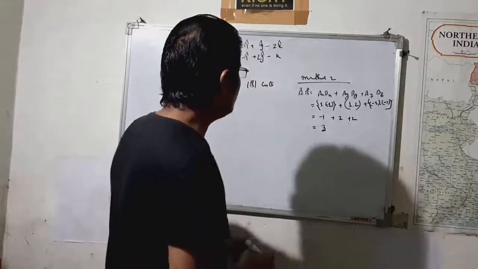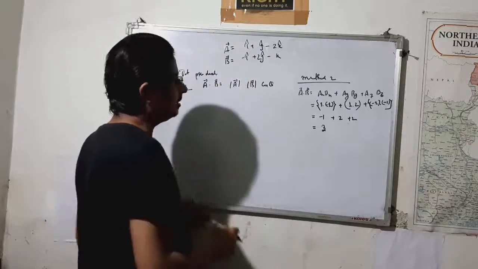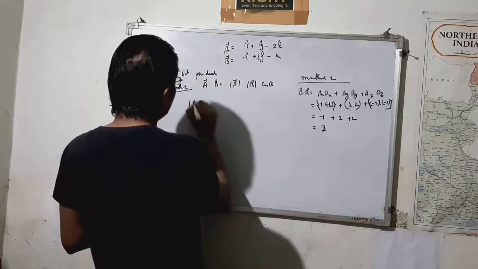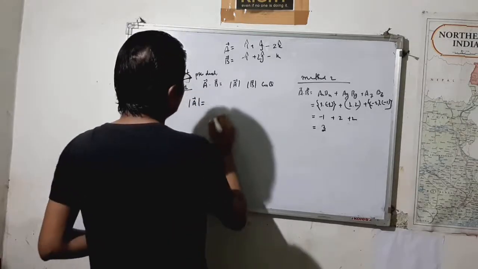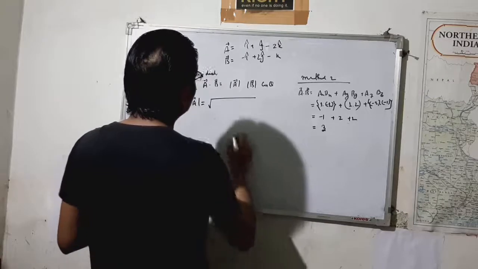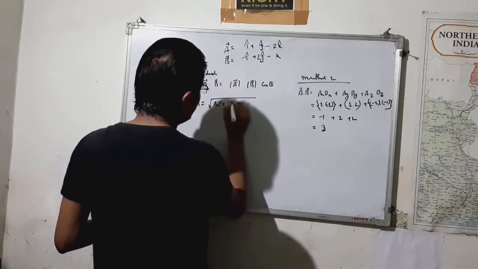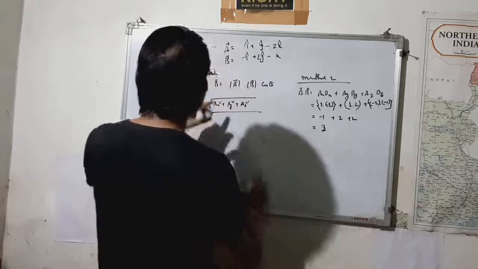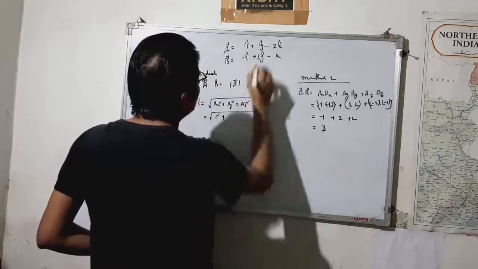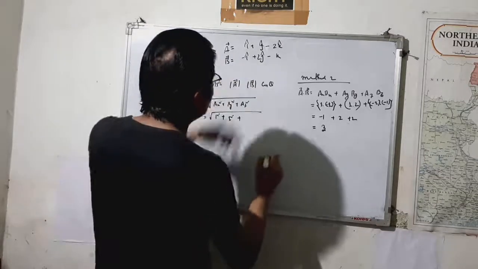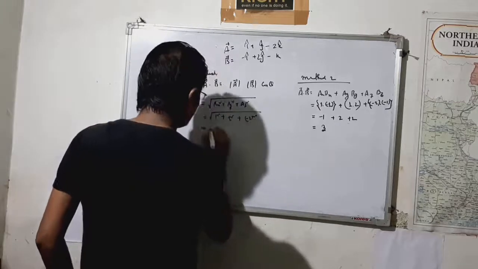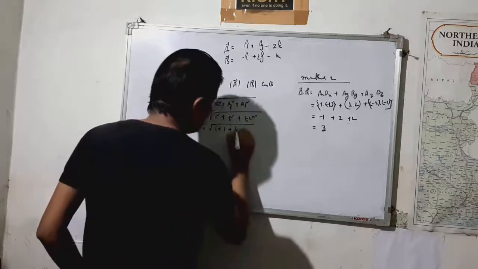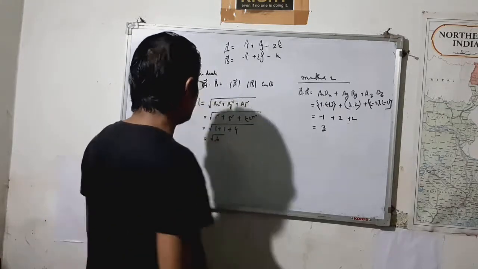So if we calculate a dot b, we can calculate theta also. Since a dot b equals 3, now magnitude of a is simply the square root of ax square plus ay square plus az square. Here ax is 1, so 1 square, ay is 1 square, az is minus 2 whole square. So 1 plus 1 plus 4, so it is simply root 6.